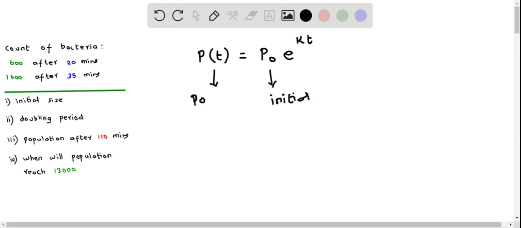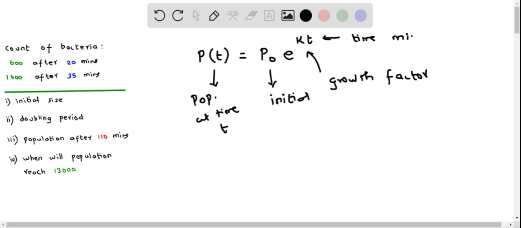This is the population at time t, and k is the growth factor, which we have to determine, and t is the time in minutes.